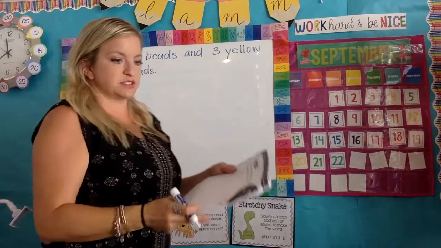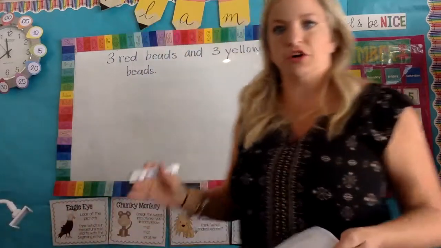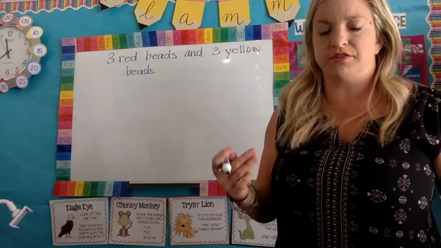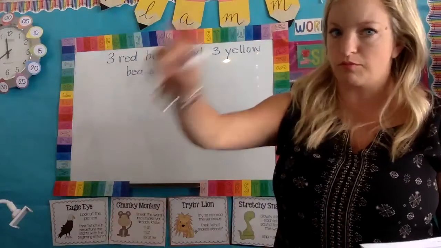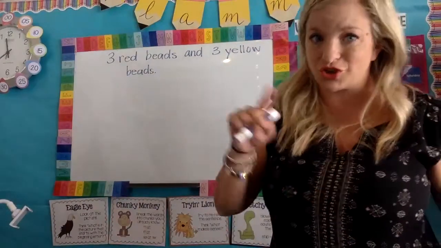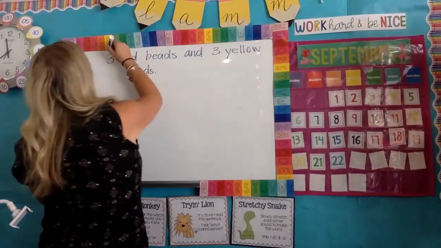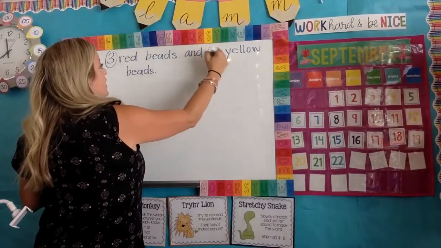How many beads does Max have? So again, I have all those words, 3 red beads and 3 yellow beads. Your first job is to circle the numbers. So I'm going to circle 3 and 3.